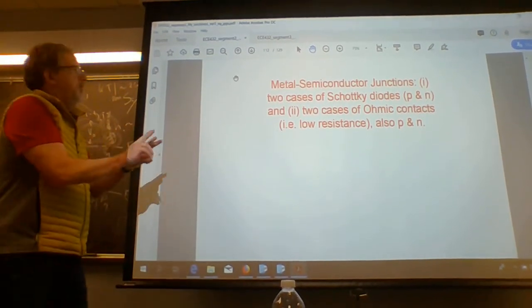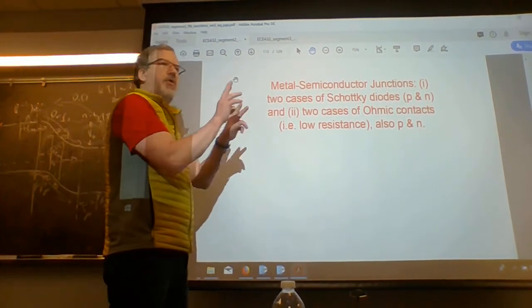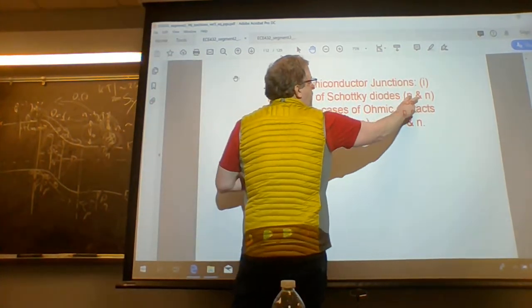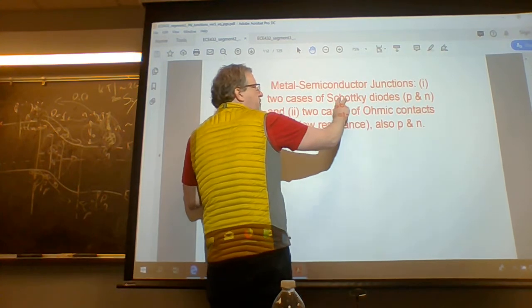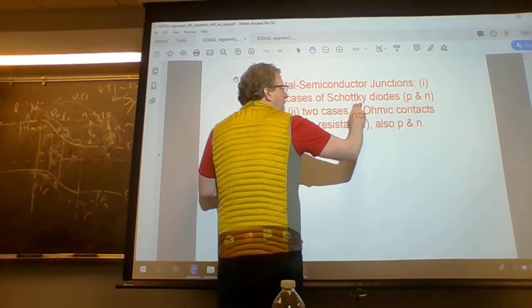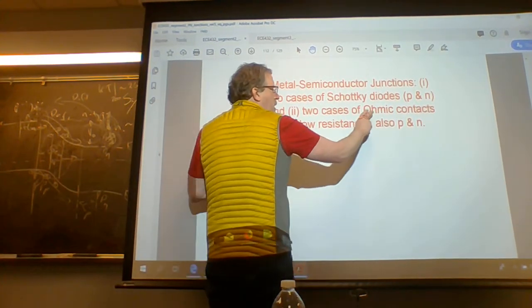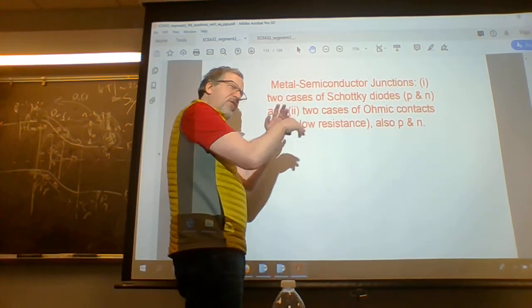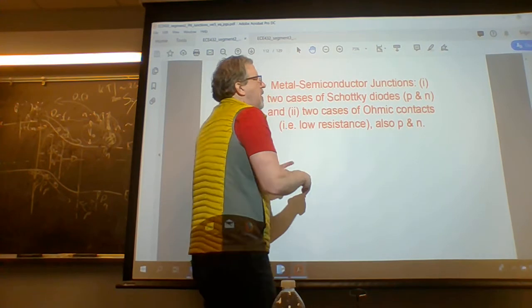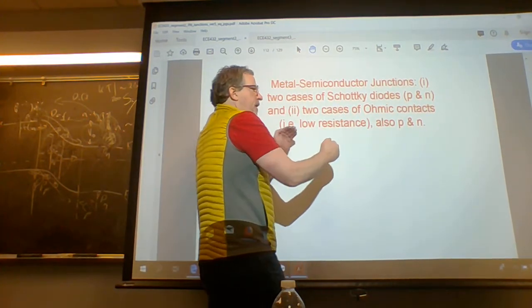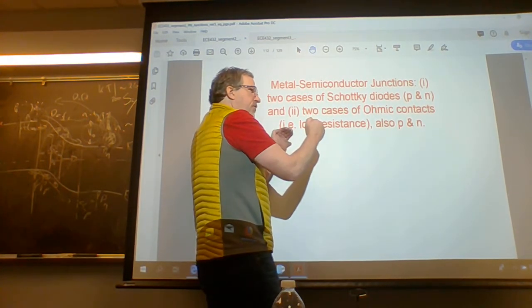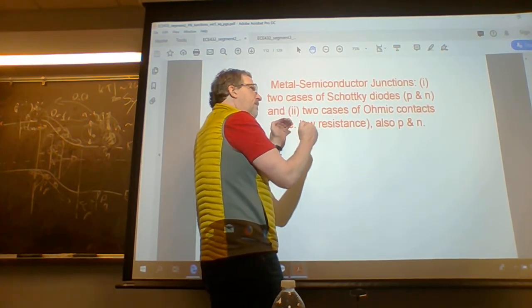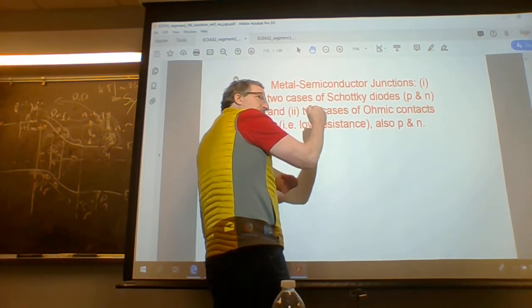So just to be very clear, it's like a 2x2 matrix. I have PN junctions. So Schottky can be P and N, and I can have ohmic contacts P and N. So it's kind of like a 2x2 matrix. Is it P and the metal work function is above the semiconductor, or is it P and the metal work function is below the semiconductor, right?